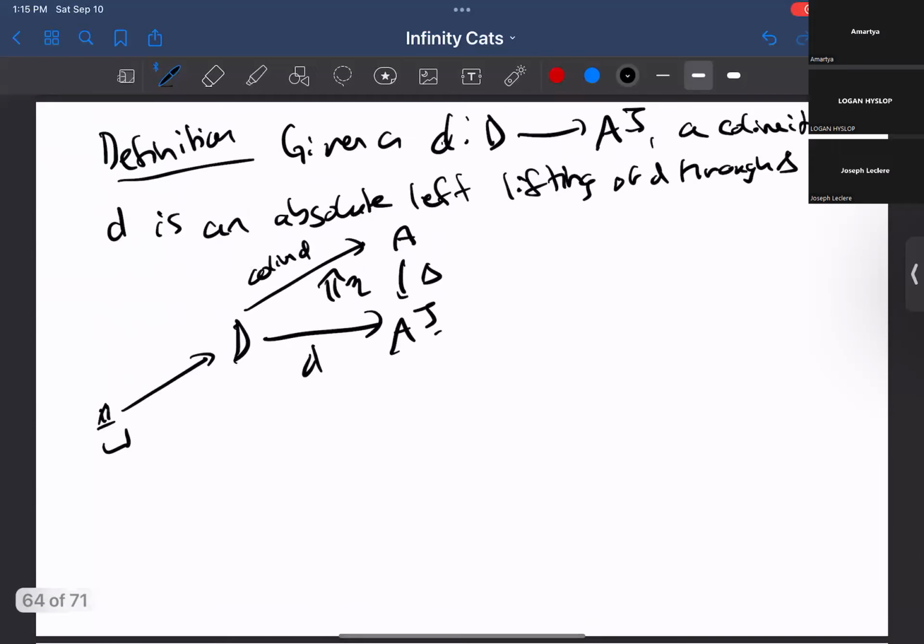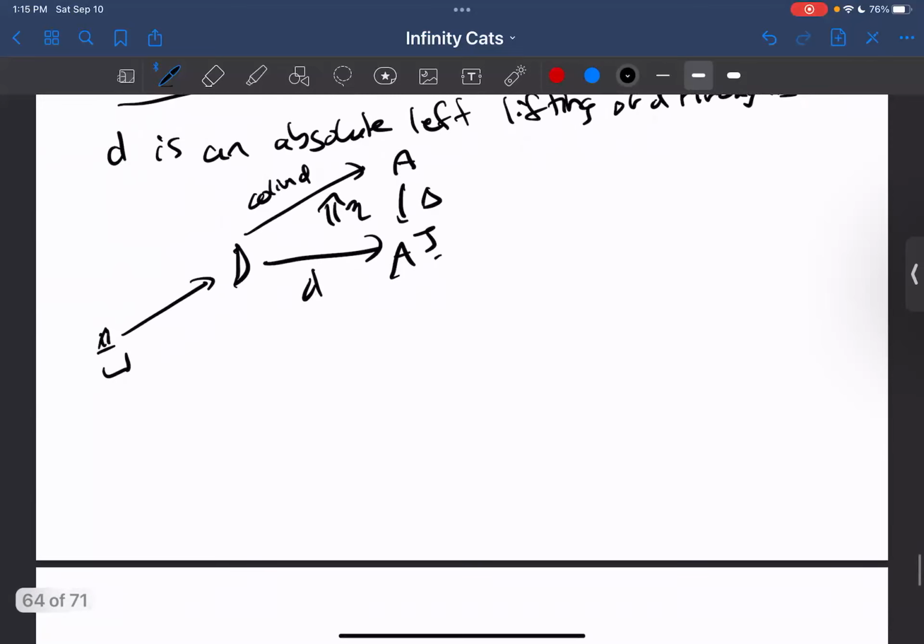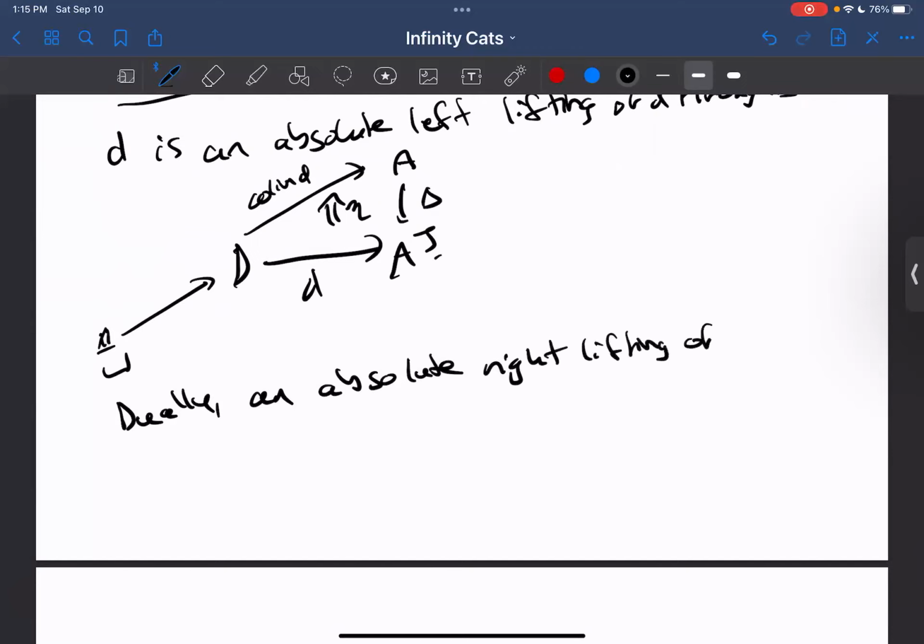You might have other stuff that conflicts. And dually, an absolute right lifting of D through delta is a limit of D.